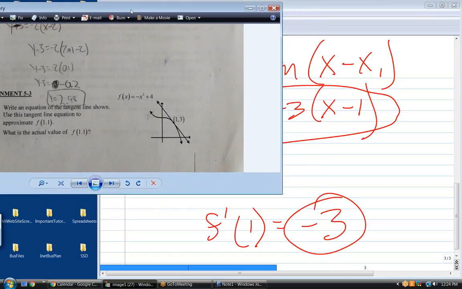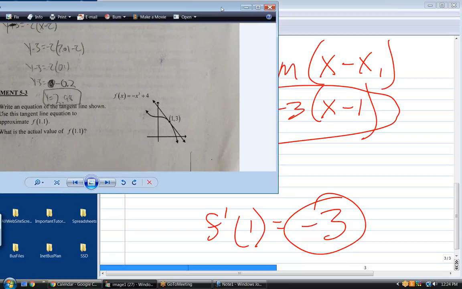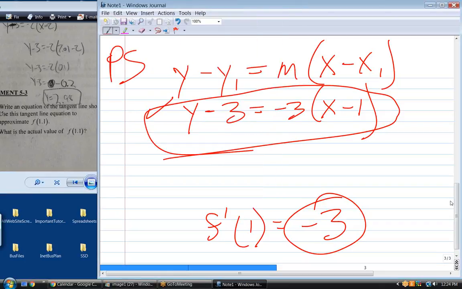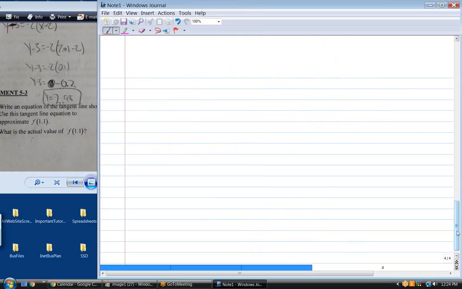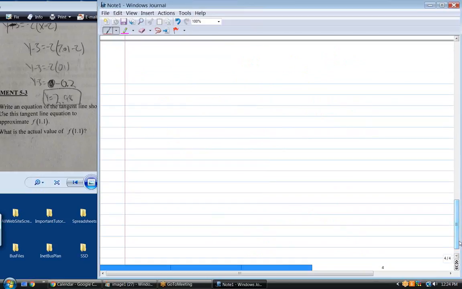Use this tangent line equation to approximate what f of 1.1 is. Notice that f of 1.1 is somewhere there. Not that easy to approximate, but we can do it. What's our general equation?